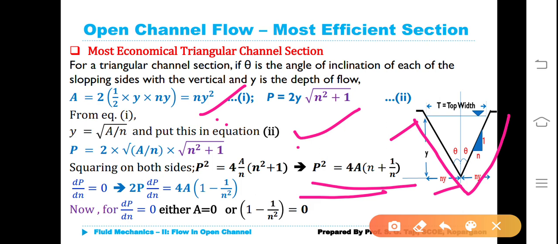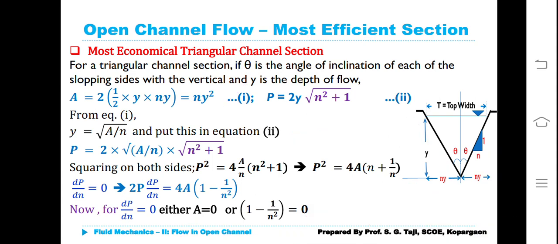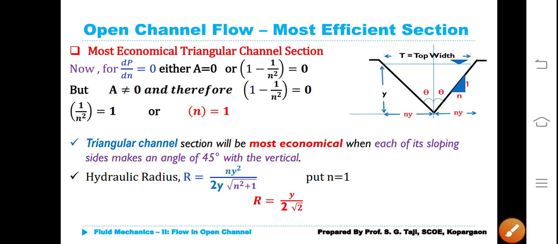Now, for dP by dn equal to 0, either A must be equal to 0 or 1 minus 1 by n squared must be 0. But we know, however, area cannot be 0. And therefore, 1 minus 1 upon n squared must be taken equal to 0 for arriving at the condition for economical section.